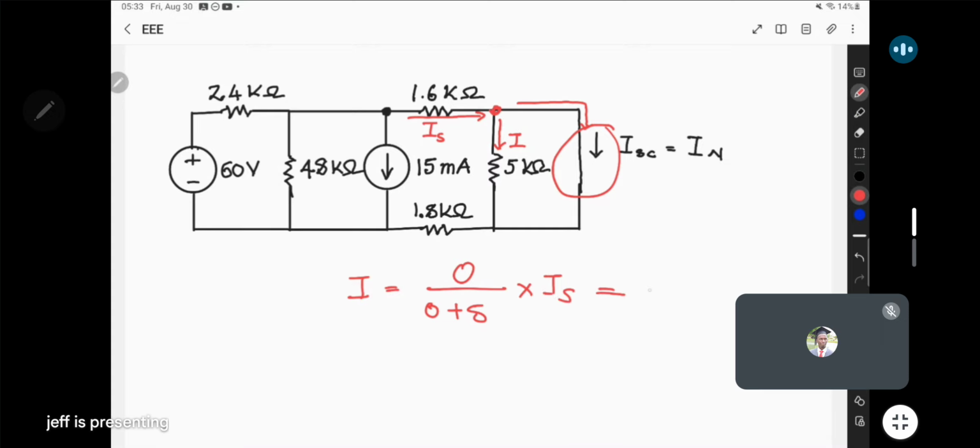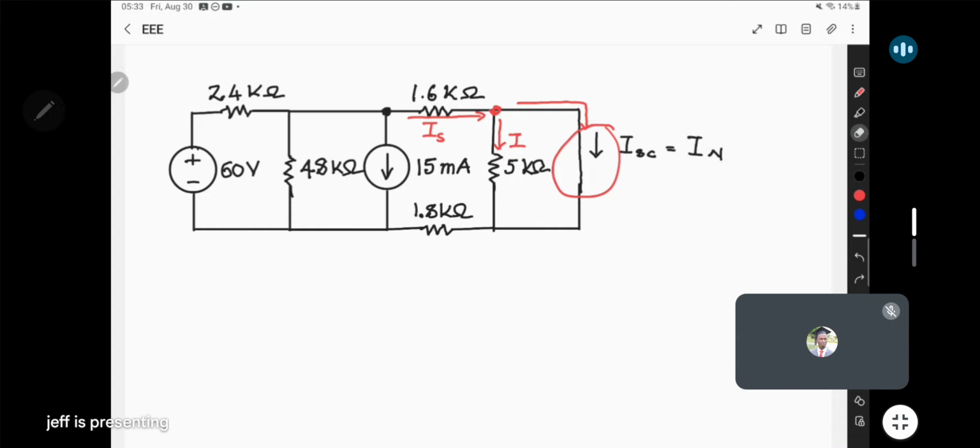Notice that the current that will go towards the 5 kilo ohms will be 0. No current goes there. So as long as you have a short circuit in parallel to a component like this one, no current will go towards the component. If this was a bulb, this bulb will be off because all the current will bypass it going that way.